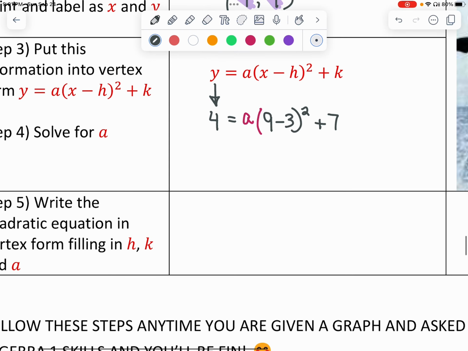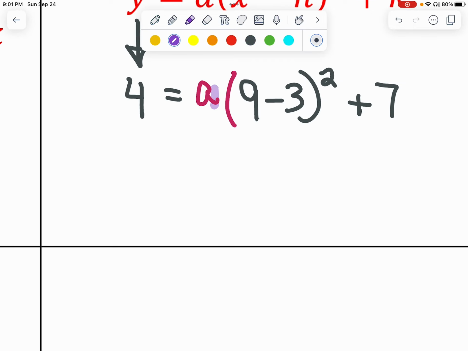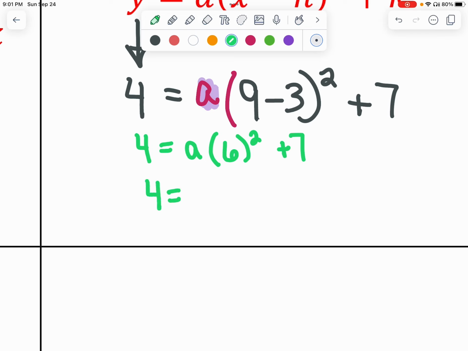It's time to solve for A. So you need to use your Algebra 1 skills here. We need to solve for A. 4 equals A times 6 squared plus 7. 4 equals A times 36 plus 7.